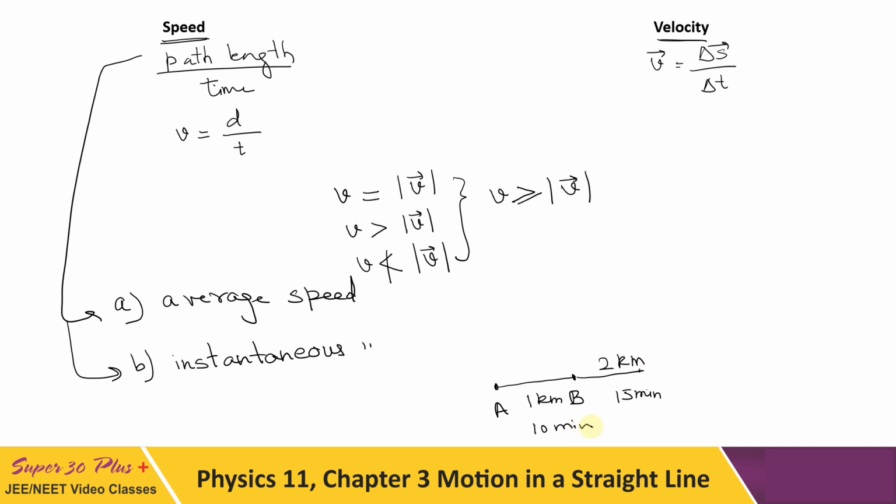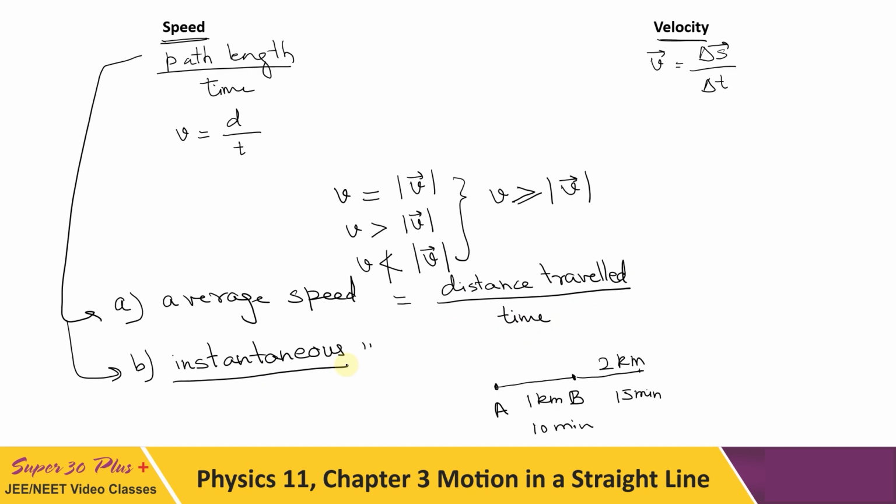If someone asks what is your average speed, then it has nothing to do with what speed you are having at which point. It has to take the whole journey into consideration. So average speed will be mathematically expressed as total distance traveled upon total time taken. Now come to the term instantaneous speed.